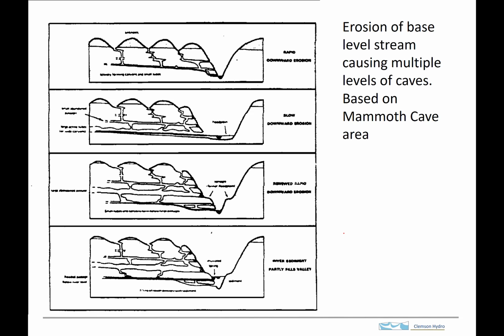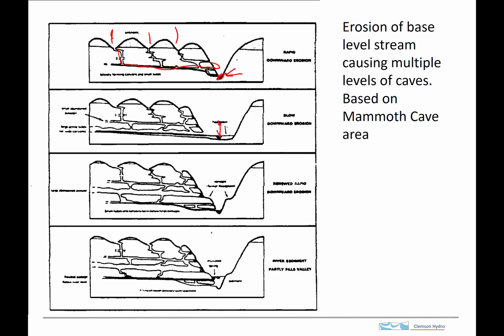So here's a cartoon that elaborates on that development of the Mammoth Cave area. Here's the Green River, and this is showing some sinkholes here and infiltration and then flow along this conduit, and then there's down cutting of the stream. So in here, that would be right about at that point.